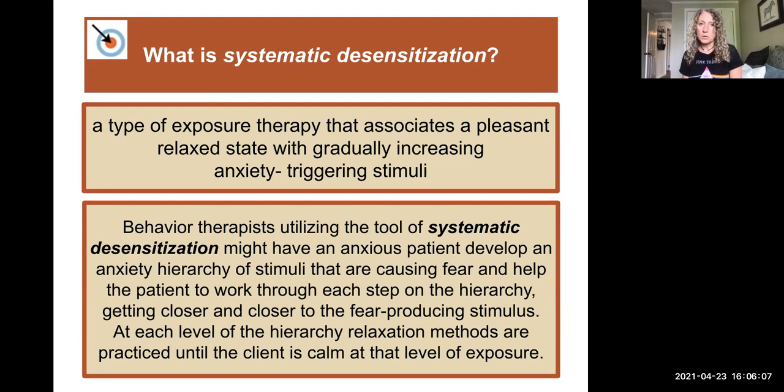It might start with just talking about dogs. But while you're talking about dogs, they might have a candle and some nice music in the background. And eventually you're just going to feel really calm when talking about the dog. Then maybe the next thing they'll do is show you a picture of the dog. They call it a hierarchy of relaxation methods.